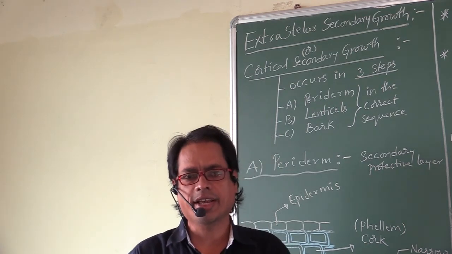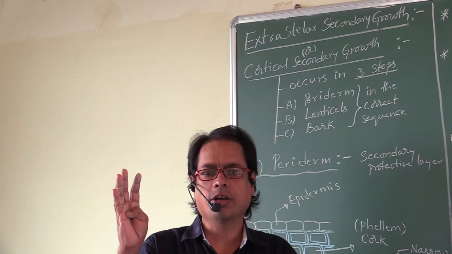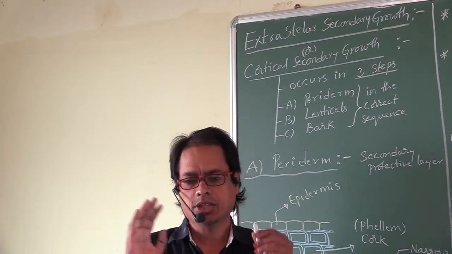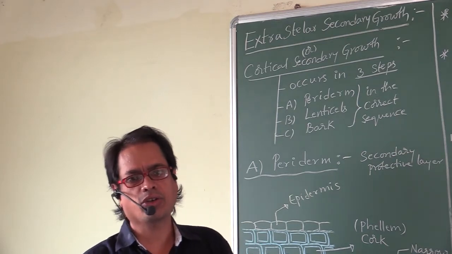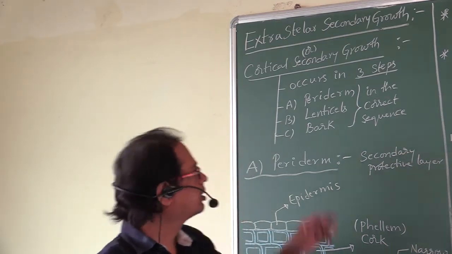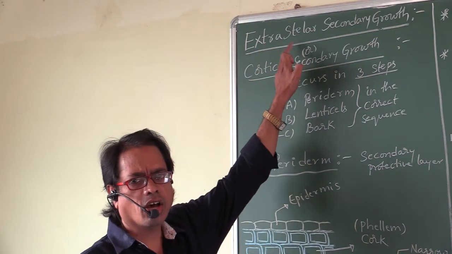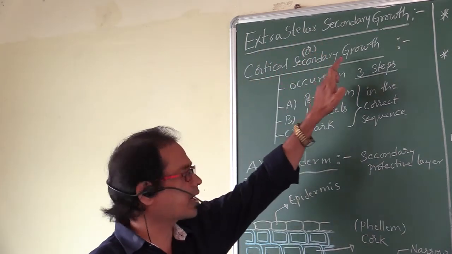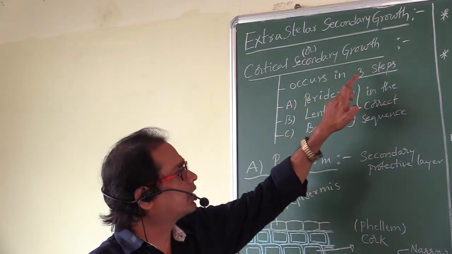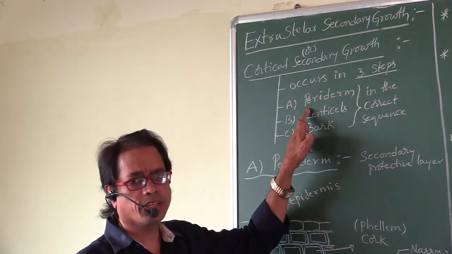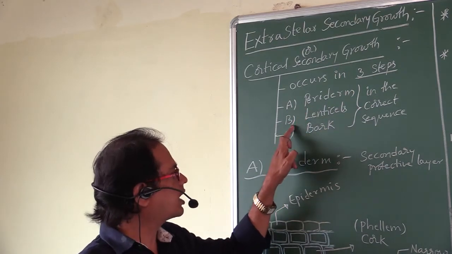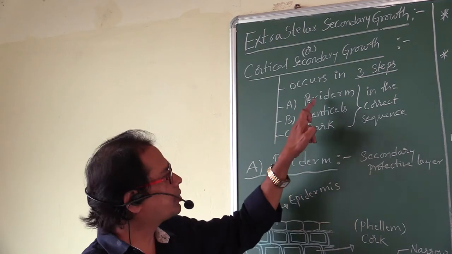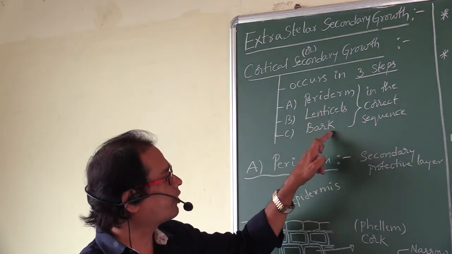How many steps does it contain? One is periderm, second one lenticels, third one bark. These 3 steps we have to discuss today. Extrastelar secondary growth, also called cortical secondary growth, occurs in 3 steps: periderm, lenticels, and finally bark.